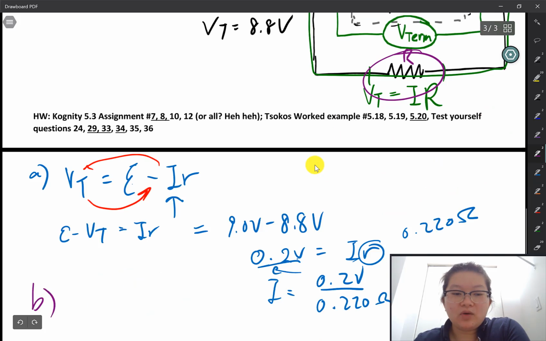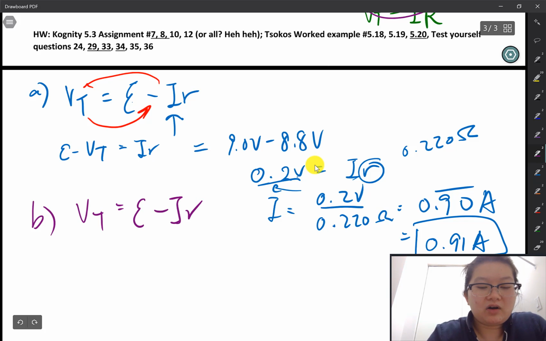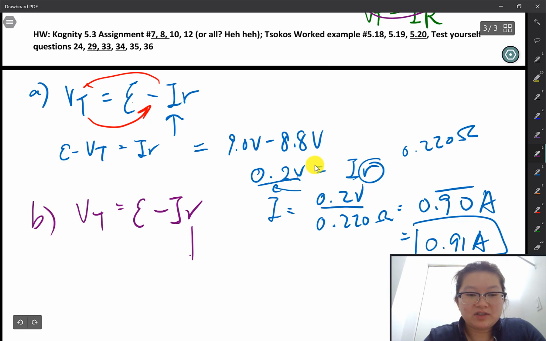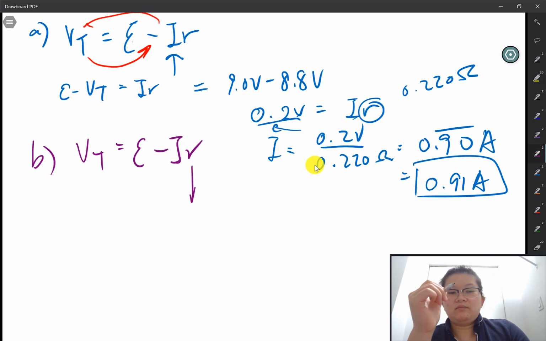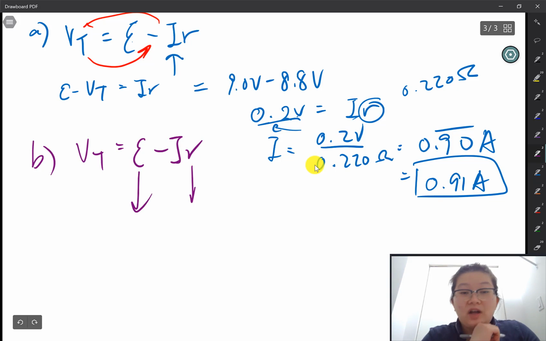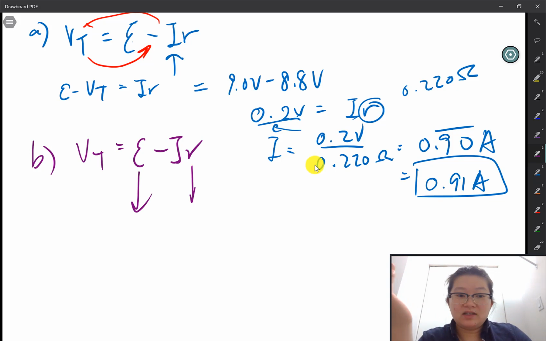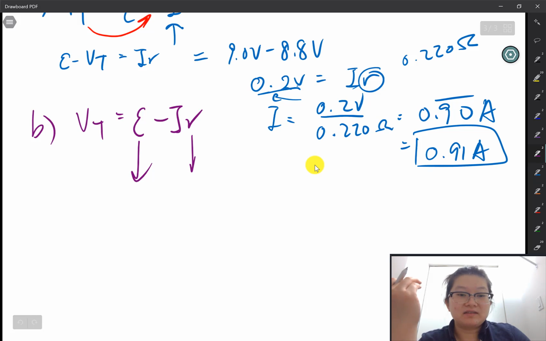What we do know, let's write this equation out again. The things that stay the same are this tiny resistor, the internal resistance, and the EMF. Everything else is free to change, and we can't assume that they will stay the same.